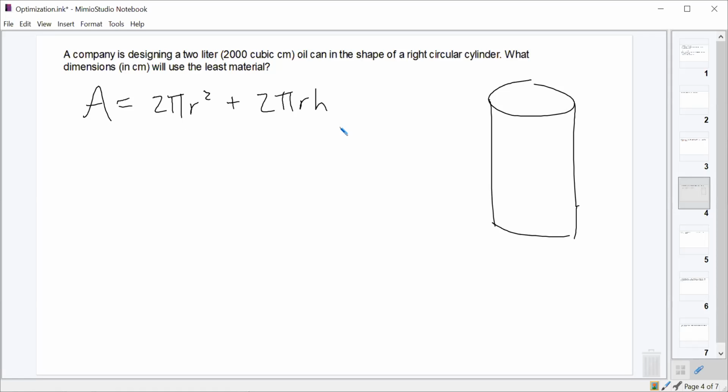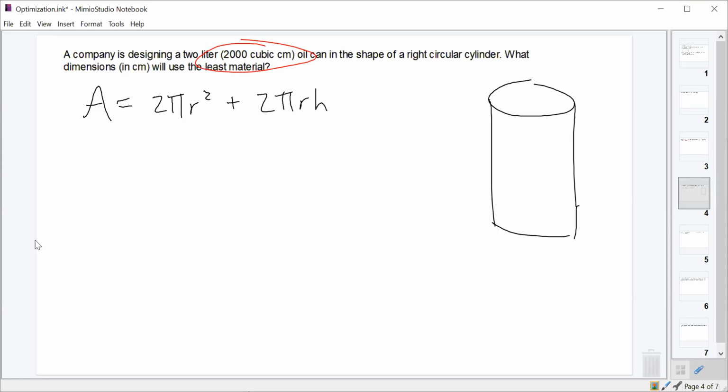So how are we going to go about doing that? Is there some way we could incorporate the volume that we already know into finding the height?